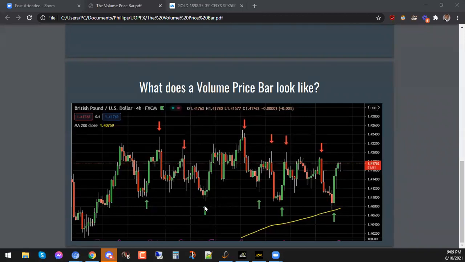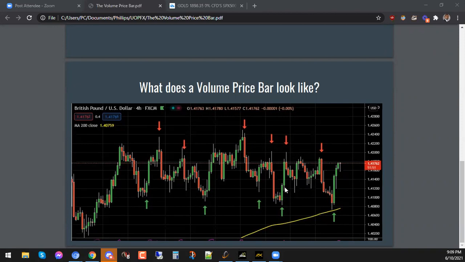We have another one here. The body and the wick are almost the same, but it has a decent sized body. Over here we have a big body. The wick is not too big, but we have a much bigger body in this case. So this is also a volume price bar. It shows strength coming into the market to the upside.